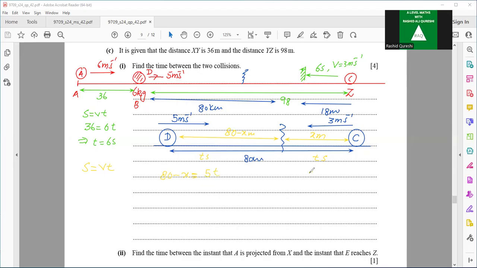For this one, X is equal to velocity 3 times T. Now we have these two equations, solve them and I will get T is equal to 10 seconds. So between the first collision and the second collision, the total is 10 seconds. Okay, the rest of the work I will do later on. Thank you, beta. Allah Hafiz.